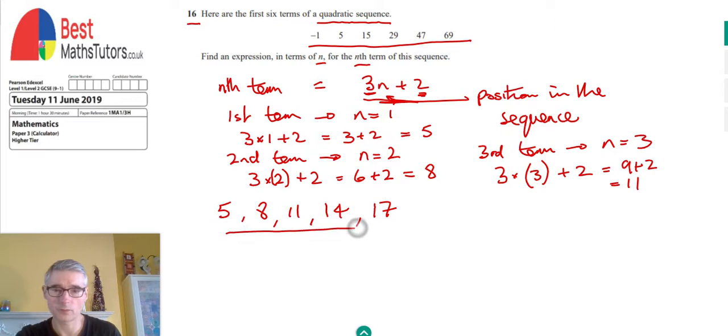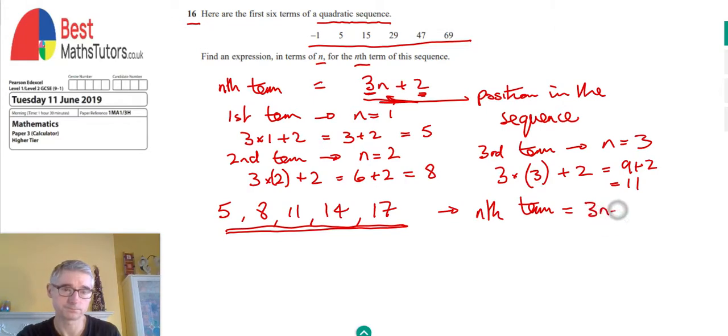So if we were asked to come up with an expression for the nth term for this sequence, it would be the nth term is equal to 3n plus 2. So we're being asked in this question to come up with a formula like this for the position in the sequence.